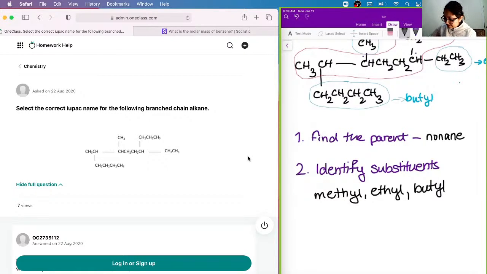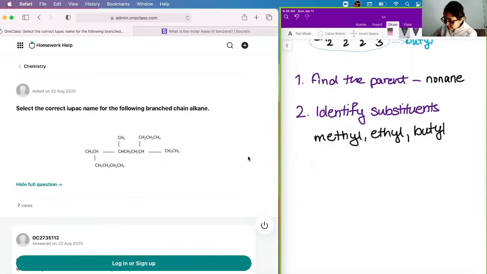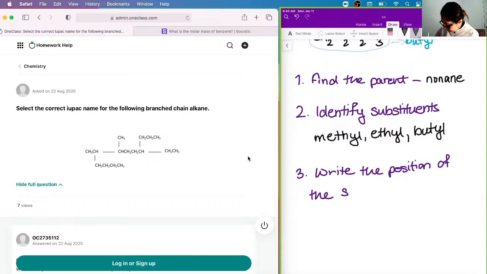And so our second last step would be to now write the position numbers and the names of the substituents in alphabetical order.